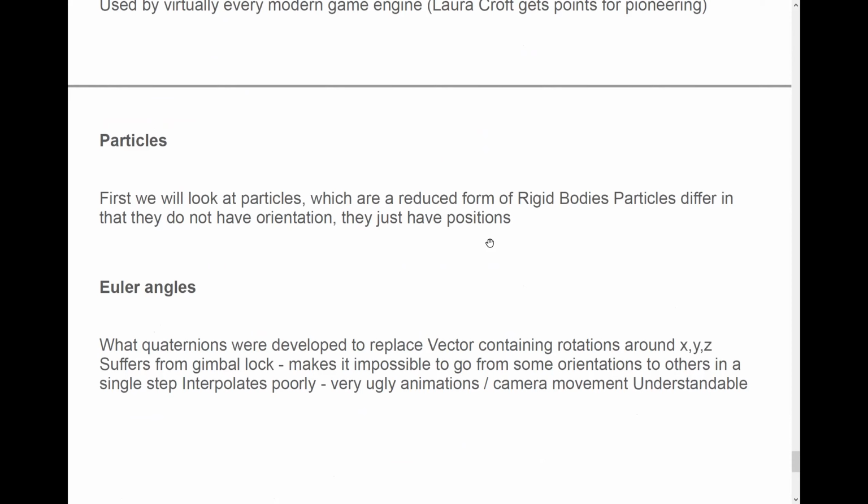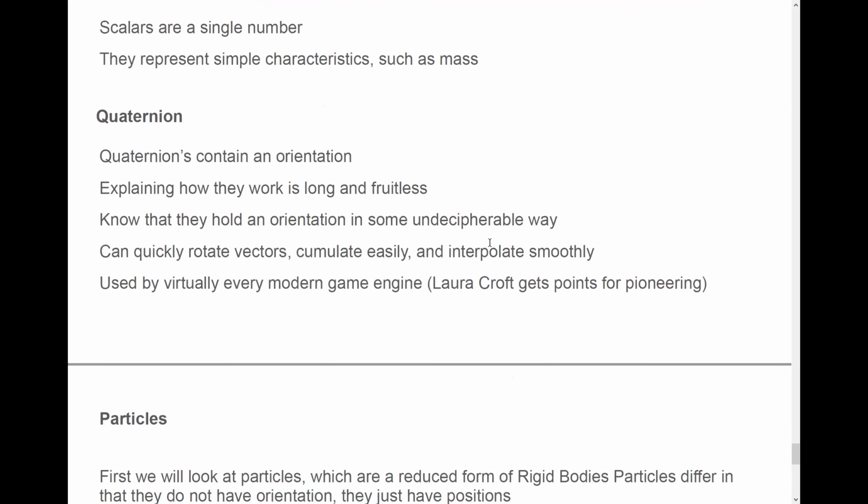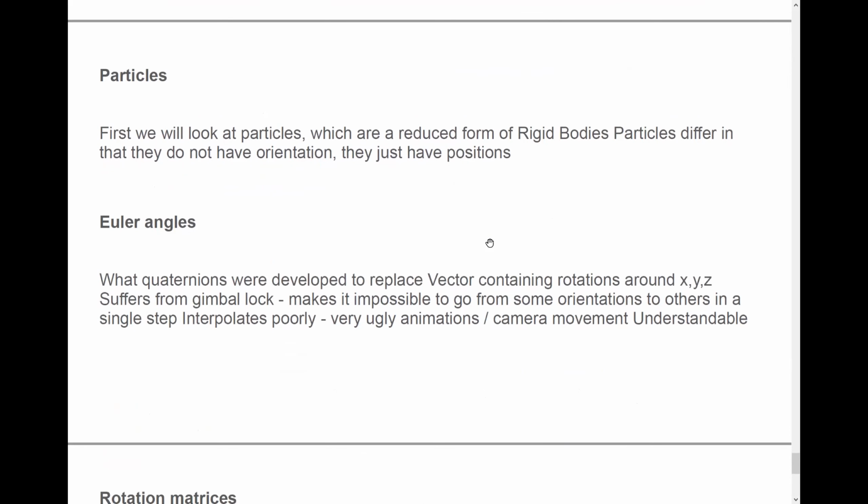Then we have particles. First we will look at the particles, which are reduced from rigid bodies.